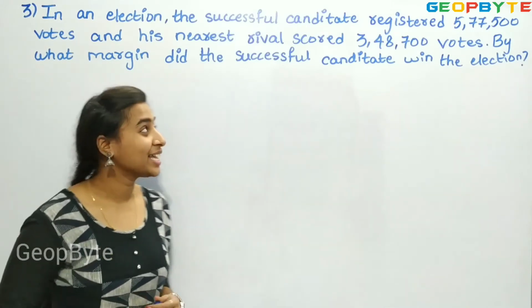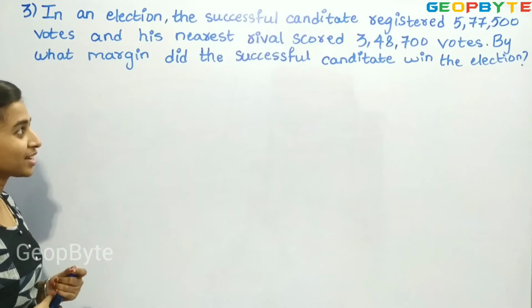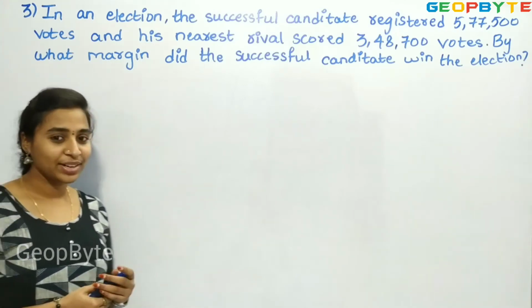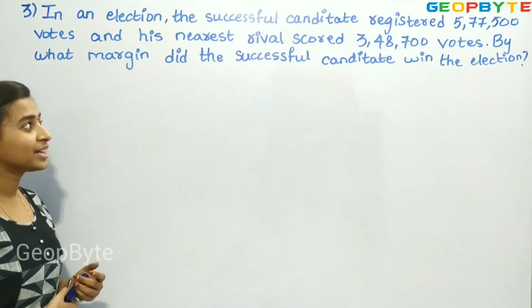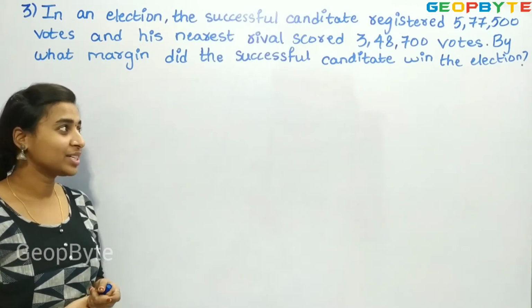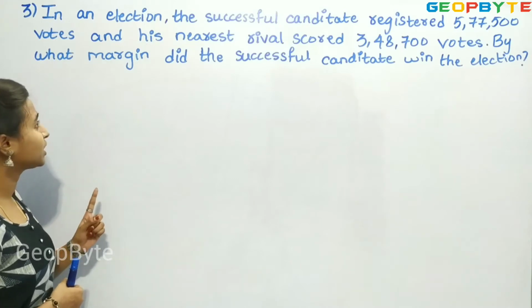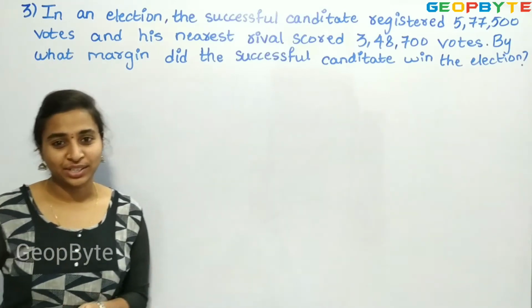Now, let us see third question. In an election, the successful candidate registered 5,77,500 votes and his nearest rival scored 3,48,700 votes. By what margin did the successful candidate win the election?